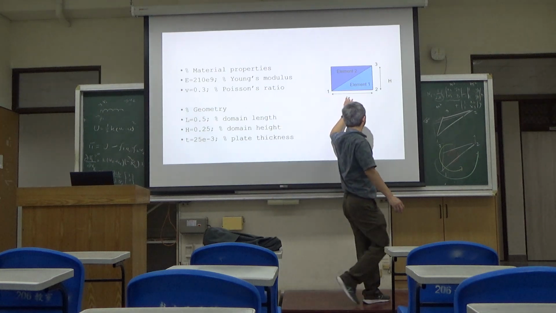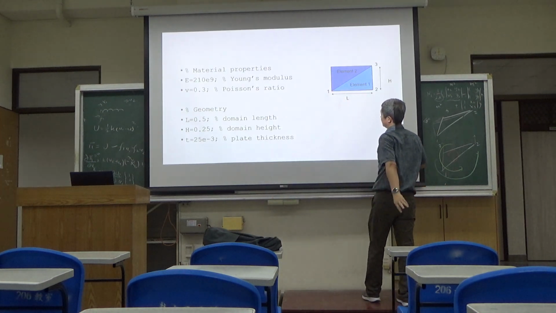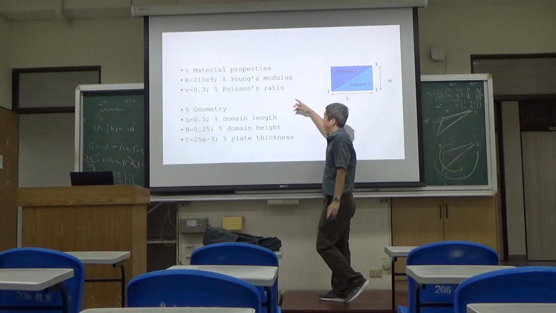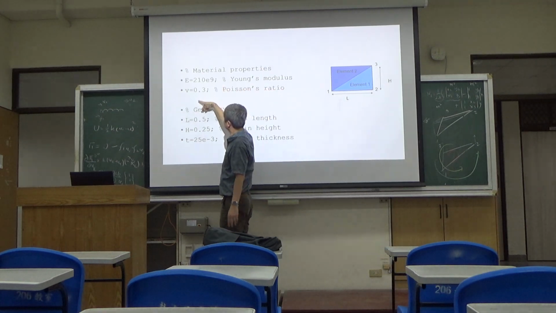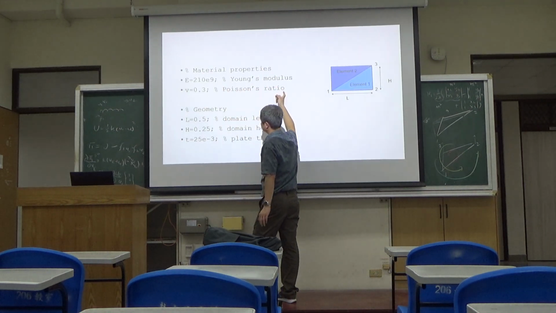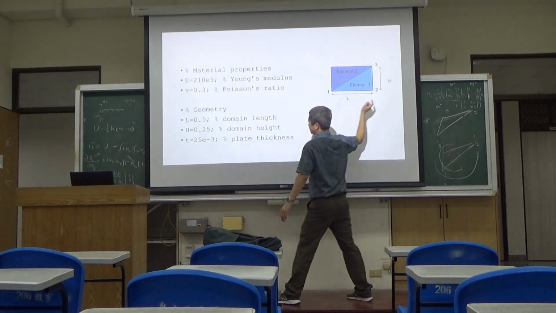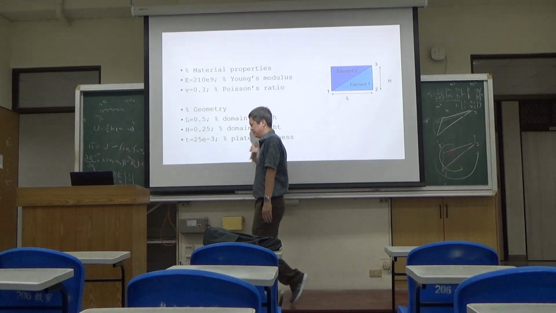You have elements 1, 2, 3, 4. First define the material property E, define the Poisson ratio, and then define the length, define the height, and define the plate thickness.